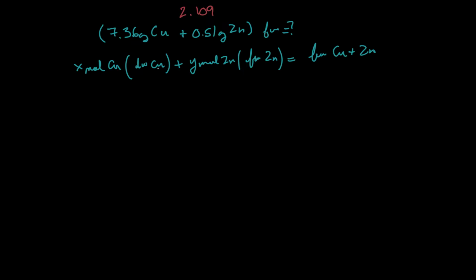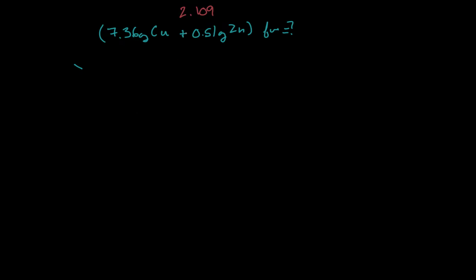This is where we're headed, but we need the moles of both of them. Fortunately, we've been given the masses of each element separately, so it's a simple matter of dividing by the appropriate molecular weights. Let's get the moles of copper first.